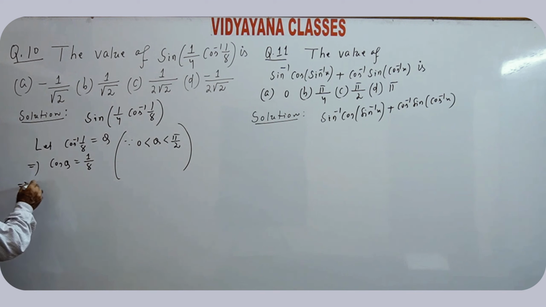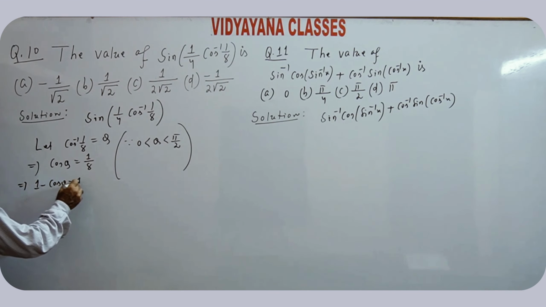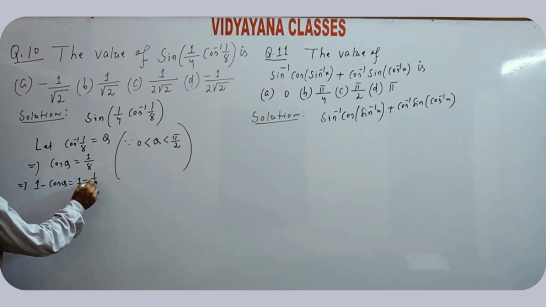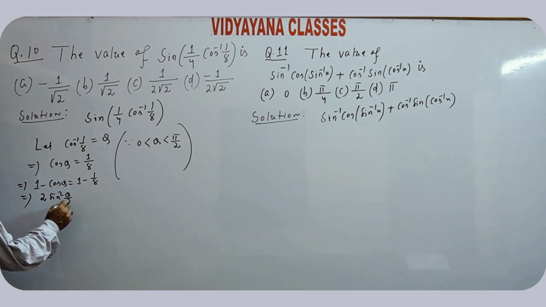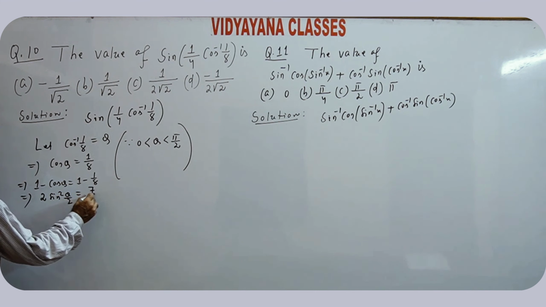Which implies 1 minus cos theta is equal to 1 minus 1 by 8, which implies 2 sin square theta by 2 is equal to 7 by 8.